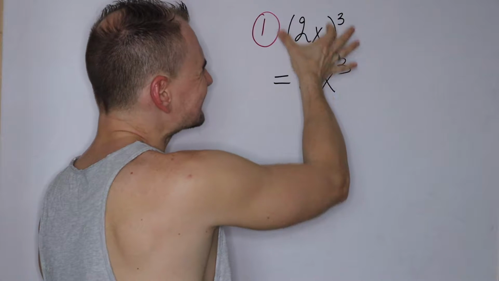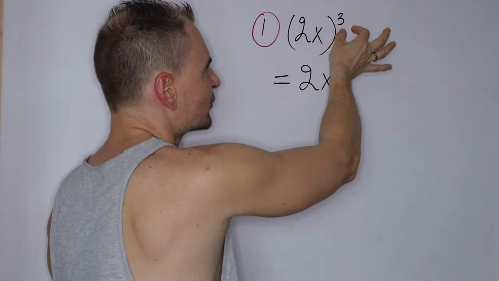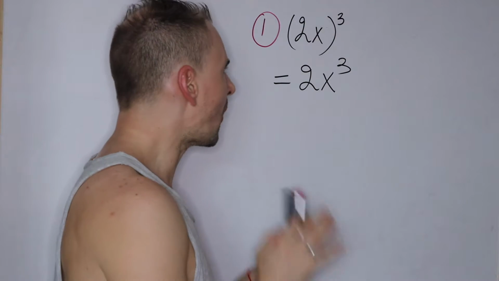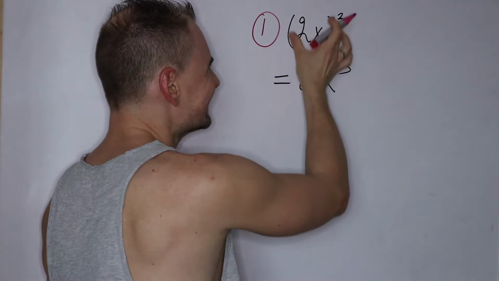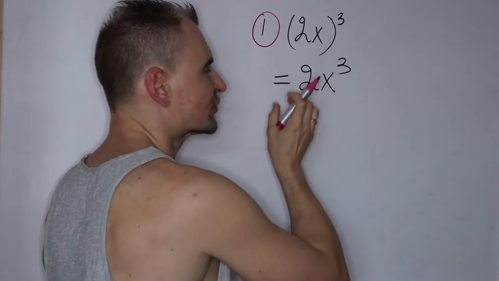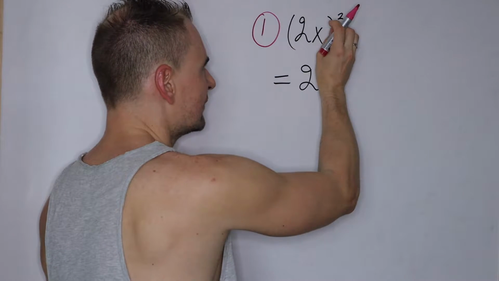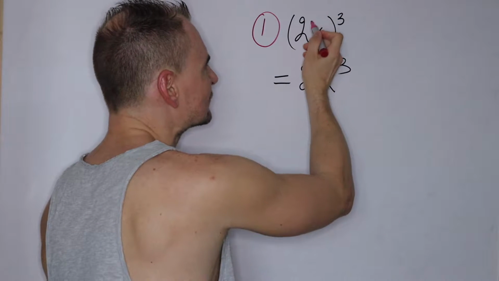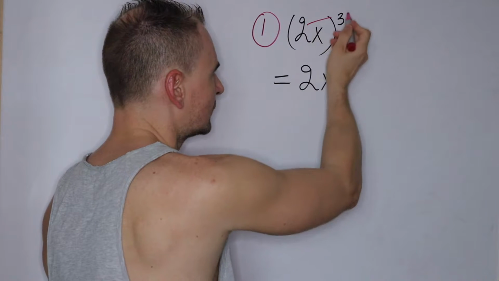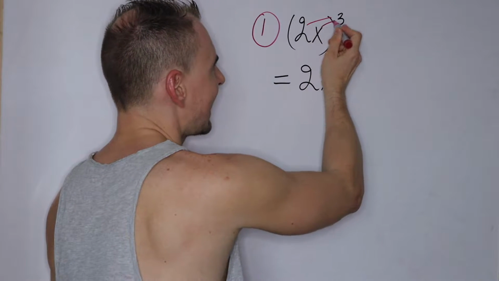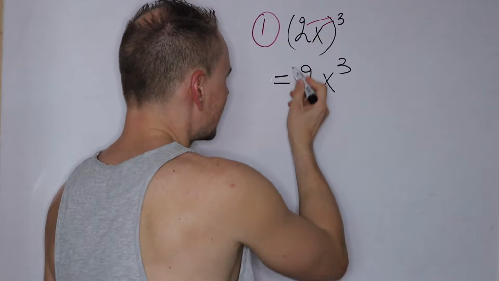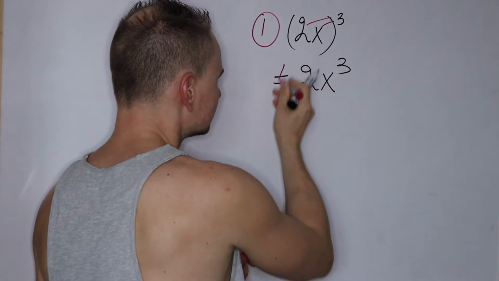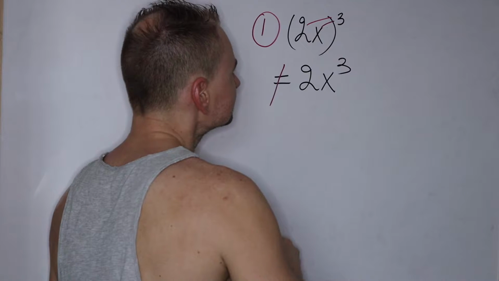When you have an expression raised to any power, everything inside the brackets has to be raised to this given power. Namely in this case 2 has to be raised to the third power, so do x. So this is a big no, that's incorrect.